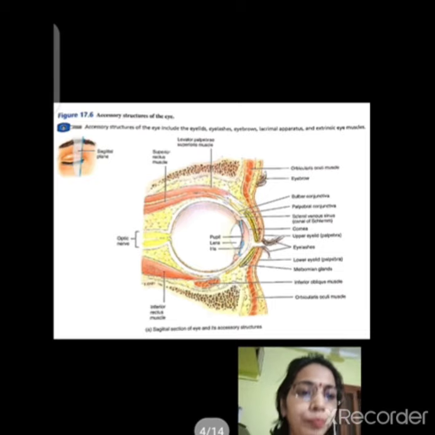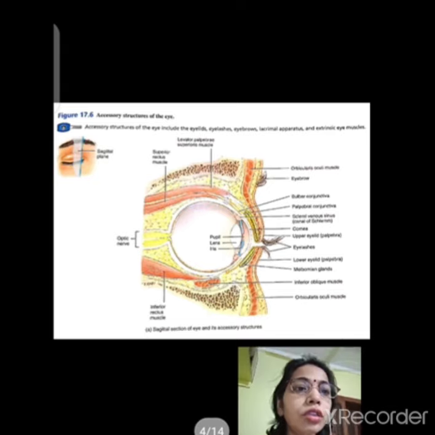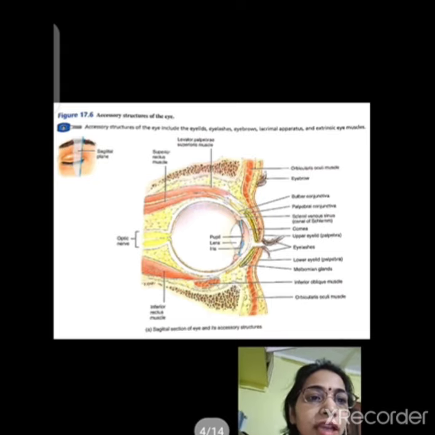Okay, now looking to the right requires simultaneous contraction of the right lateral rectus and the left medial rectus.